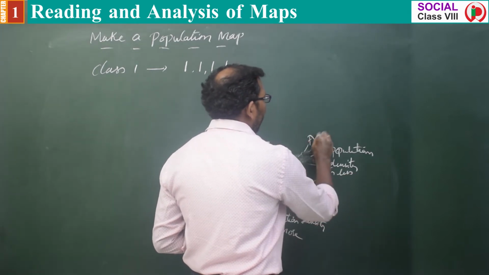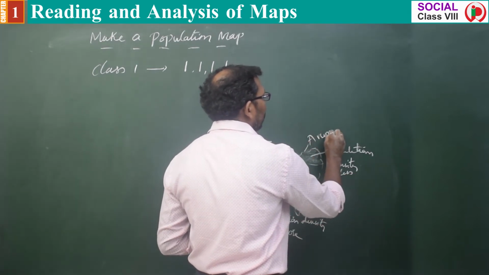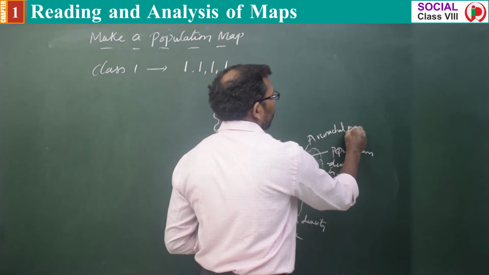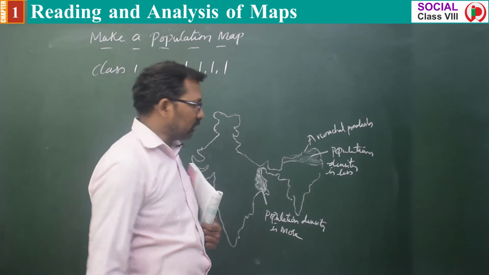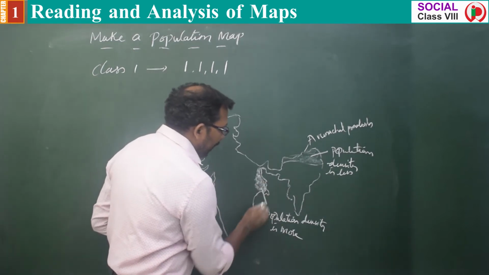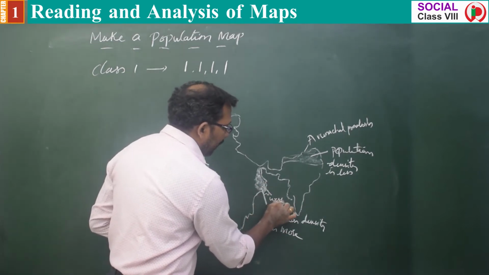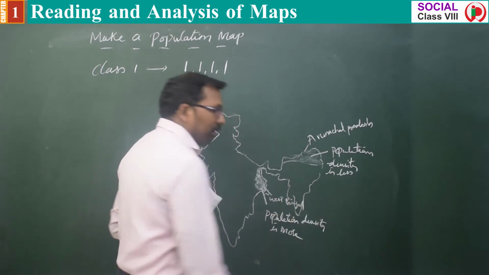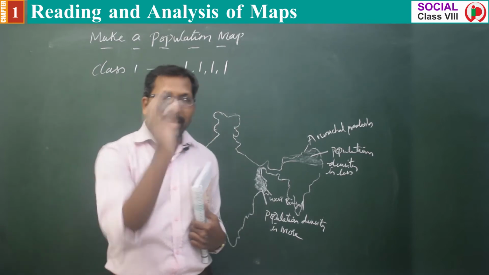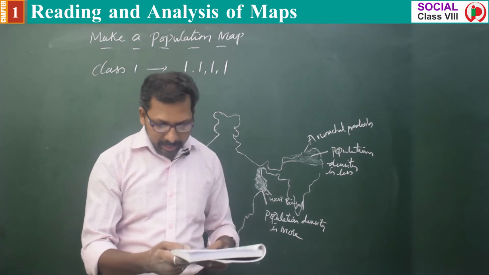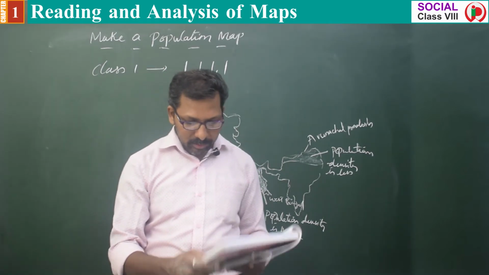So in Arunachal Pradesh, population density is less, and whereas in West Bengal, population density is more. So with the shading also we can call it a density map.